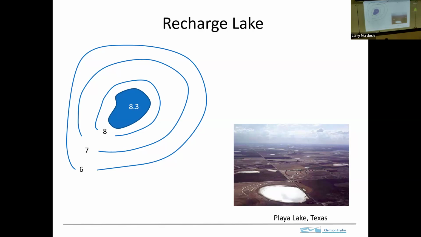They get plants growing in them, and they have a lot of swelling clays out there. So when a swelling clay dries out, it shrinks and cracks. So when these things dry out, you see just kind of a gentle basin that may have some things growing in it, maybe not, but then when it rains, they fill up and form these lakes.